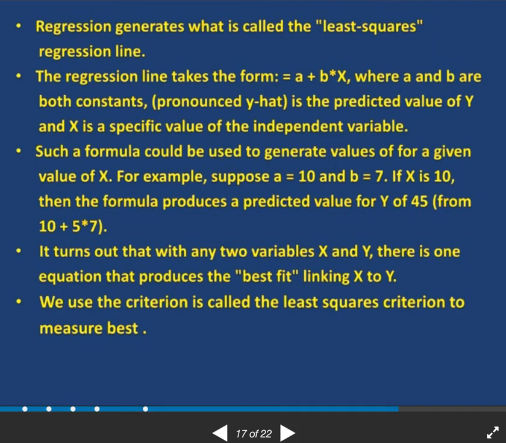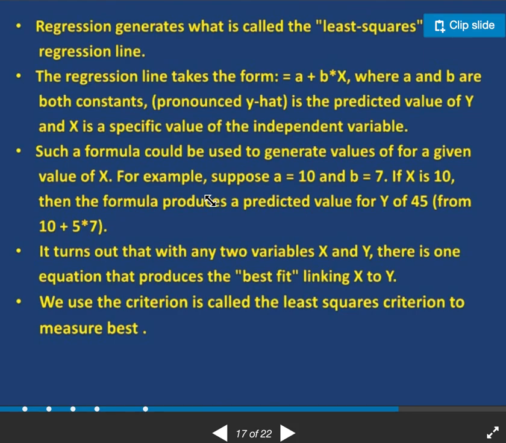Okay, so such a formula can be used to generate values for a given value of x. For example, suppose a equals 10 and b equals 7. And if x is 10, then the formula produces a predicted value for y of 45. So basically, we're just plugging 10, 7 into this function up here.